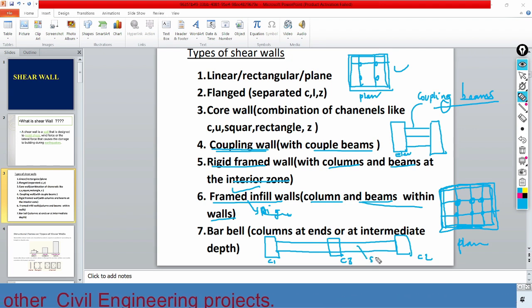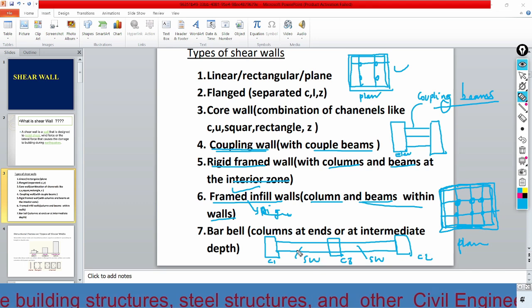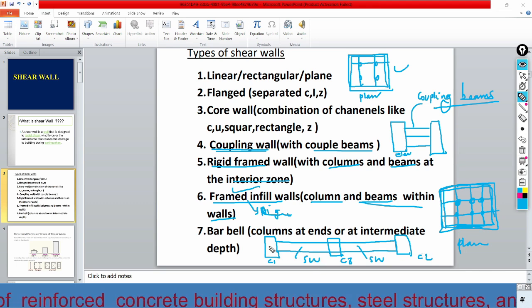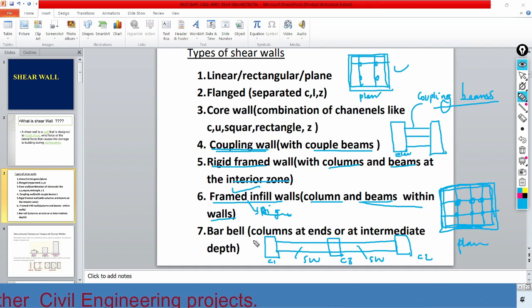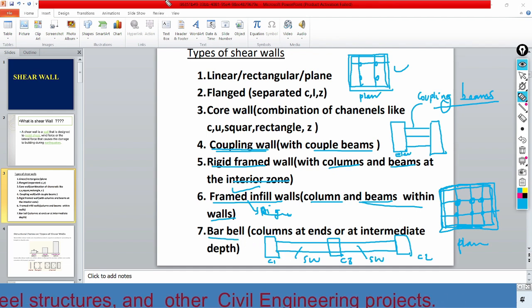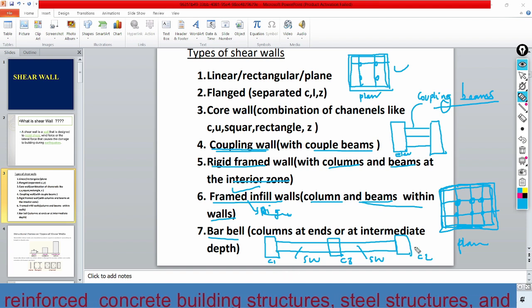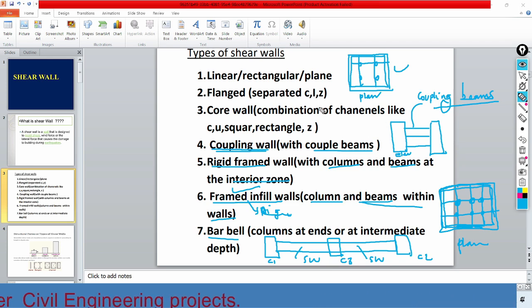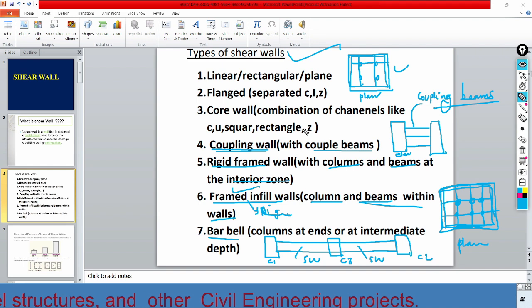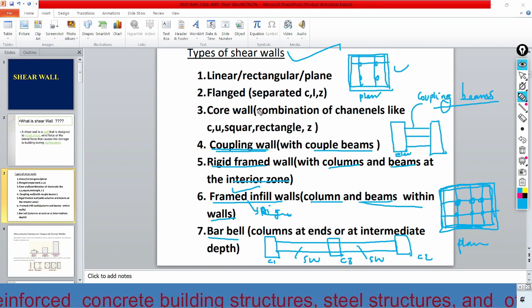This one is shear wall, this one is shear wall, and this one is column, and this one is column. Such a type of wall is called a barbell wall. That means shear wall combined with columns at its ends or at its intermediate location. So these are the types of shear walls which can be used in high-rise buildings.